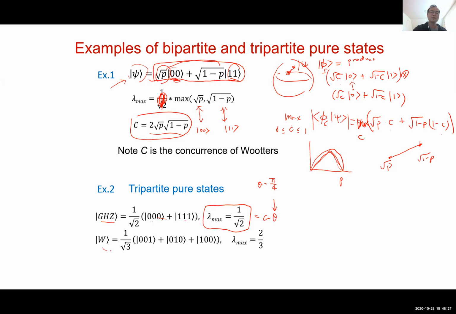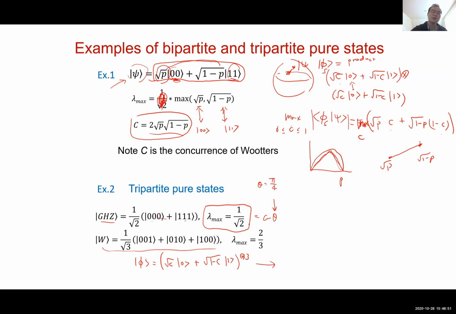And what about the W state? In order to compute this, we need to write down the product state. It's also permutation symmetric, so I'm going to write this three times.